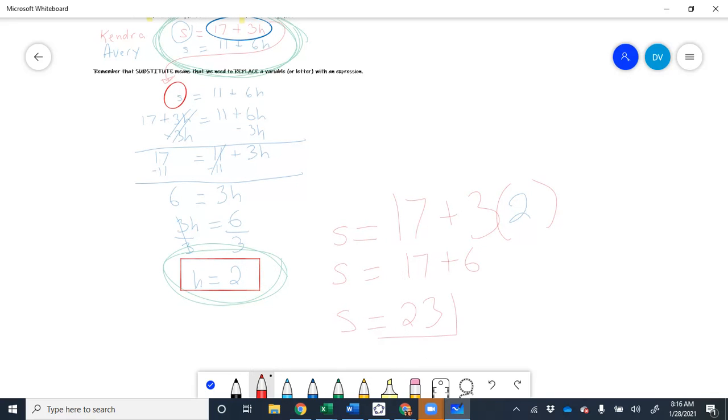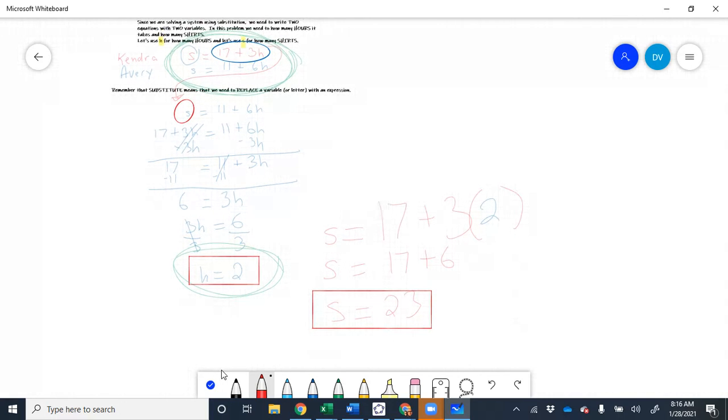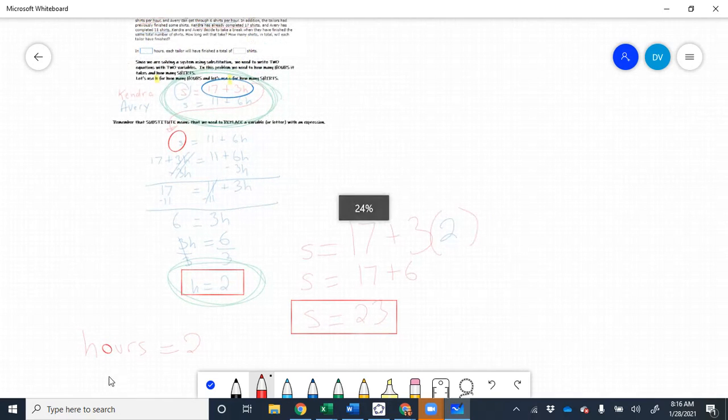Remember, our problem here was to find two things: the number of shirts and the number of hours that they worked. So the number of hours is 2. Let me write that before I put the answer in the box. The number of hours equals 2, and the number of shirts is 23.